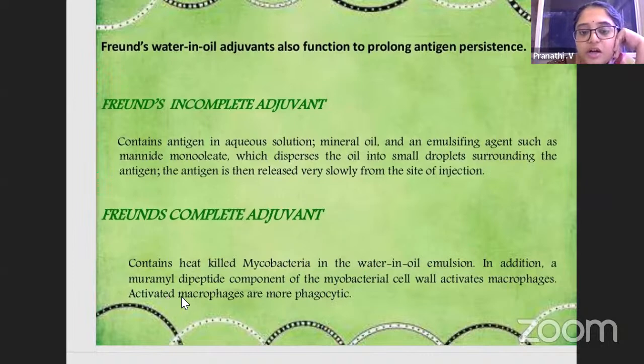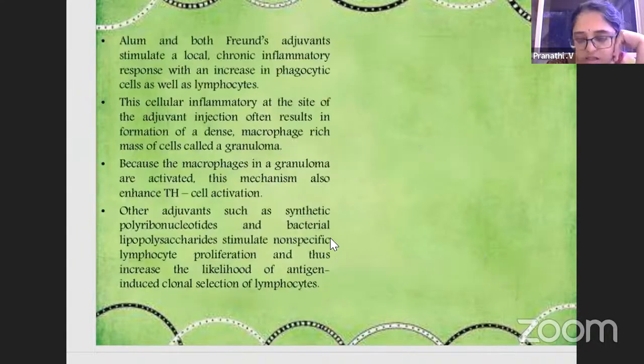So you add around a protein, which is muramyl dipeptide, which is there in the bacterial cell wall. This activates the macrophages. So these activated macrophages are definitely going to have a very good system to trigger the immune response.